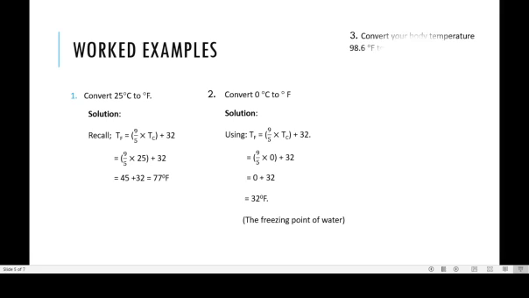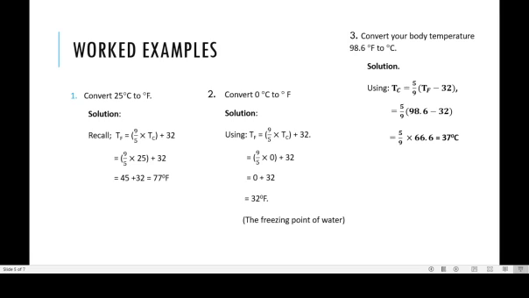And the last example is to convert your body temperature, which is 98.6 degrees Fahrenheit, to degrees Celsius. A healthy human being has a temperature of 98.6 degrees Fahrenheit, and its equivalent in Celsius is around 36.5 degrees Celsius or 37 degrees Celsius.